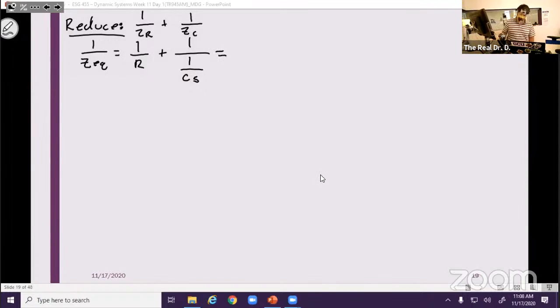I can algebra this a little bit. And this should be R2. Excuse me. Right. So this is going to be 1 over R2 plus CS, right? Because 1 over CS just flips up to the top. Sorry. This is plus 1.